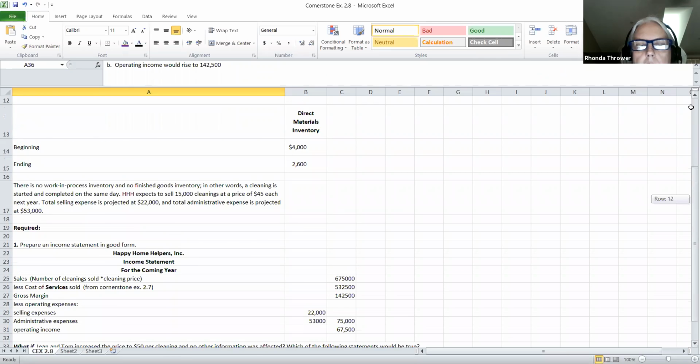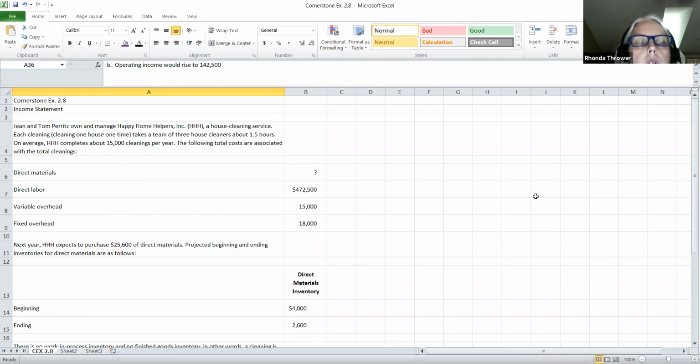So the whole purpose of this is to show you what would happen to a service type of business. What would happen in their financial statements? How would they be different from a regular manufacturing company that was producing products sold? And so I just wanted to show you what would happen if we were producing a service instead of a product.